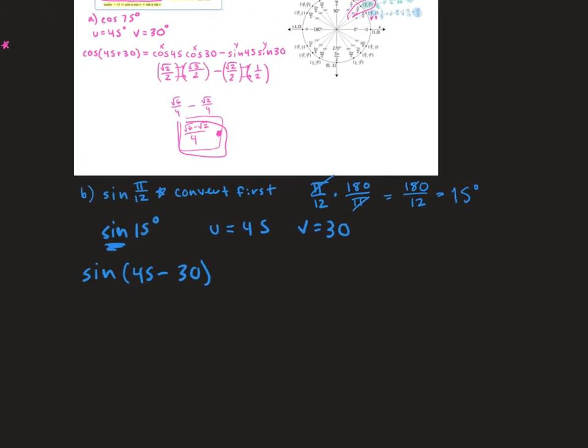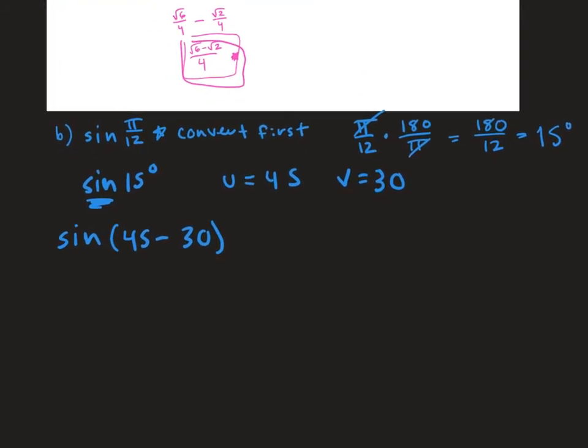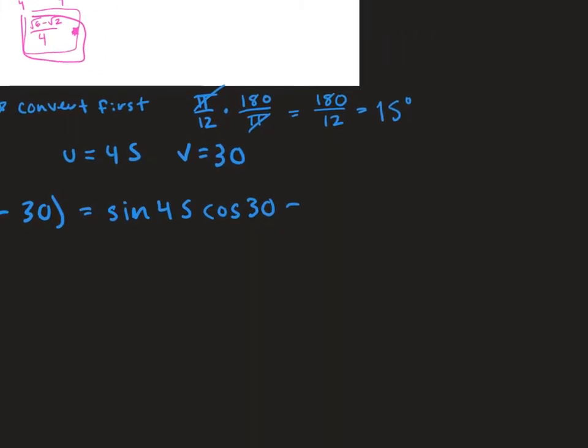Now we just plug everything into our formula. So we have the sine of u, so the sine of 45, times the cosine of v, cosine of 30, minus cosine of u, so cosine of 45 times the sine of 30.